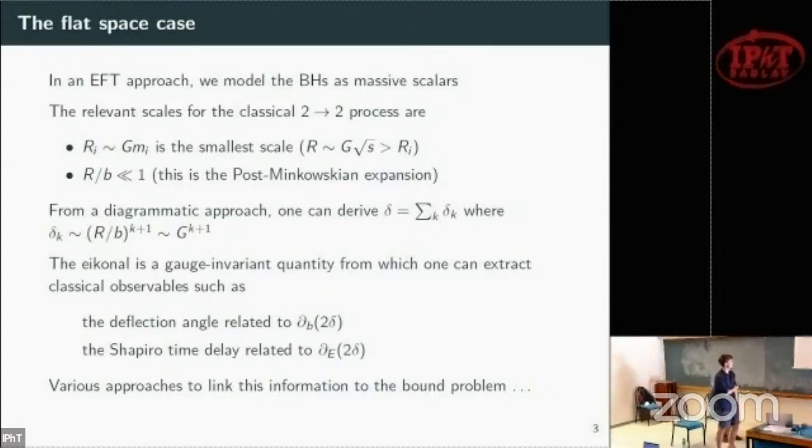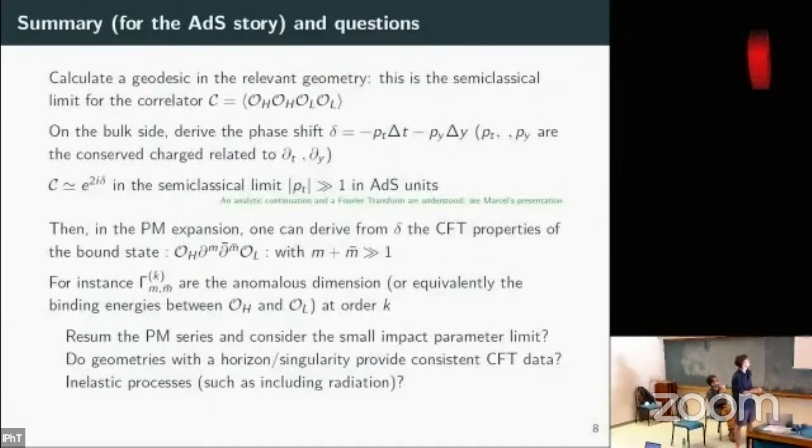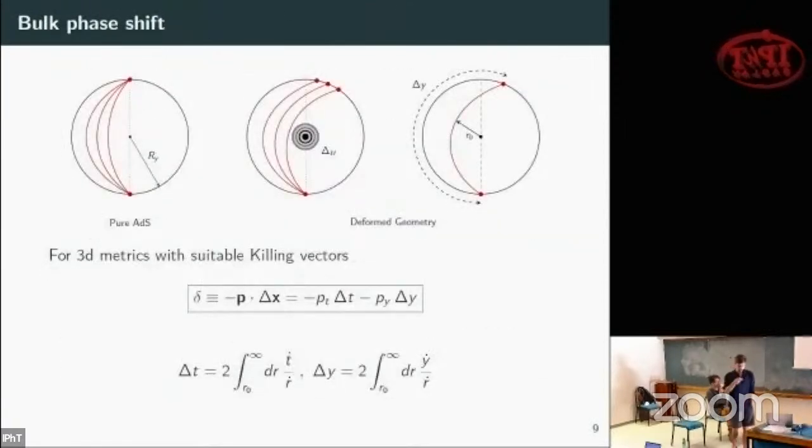Okay, great. So as Rodolfo said, I'm going to take a step to the side and talk about the AdS part of this story, which is much more recent and not as well developed. From the bulk point of view, we can also study the same or similar problem in AdS.